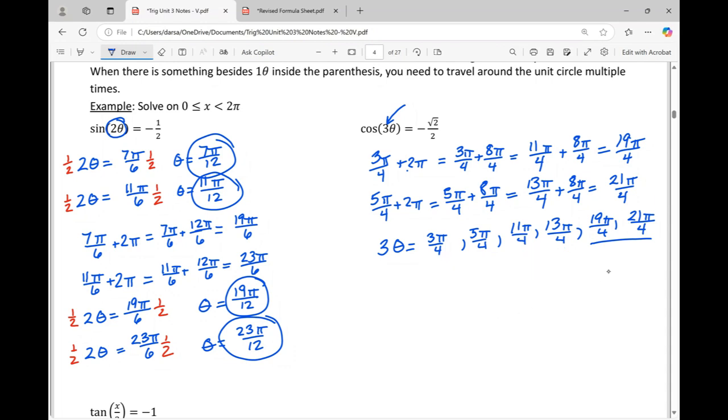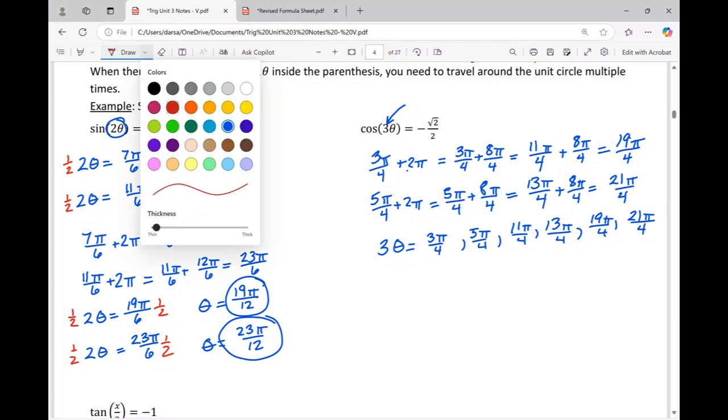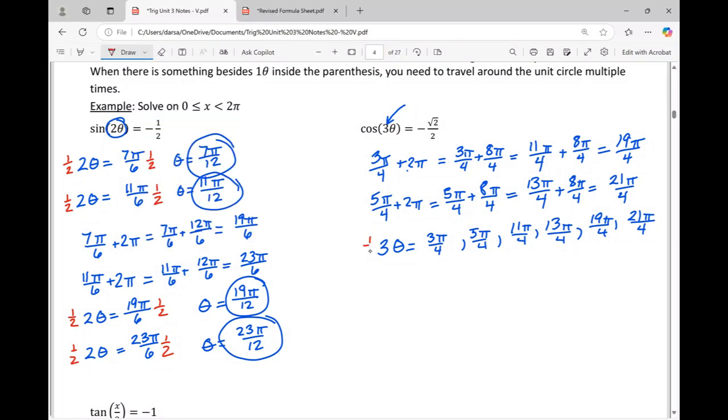Now, remember, this is 3 theta that we have. So we finish by multiplying both sides of this equation, and we'll do it with the first one, by 1/3, because that will undo the left-hand side. Essentially we need to multiply all 6 of these angles by 1/3. So what is that going to give me?